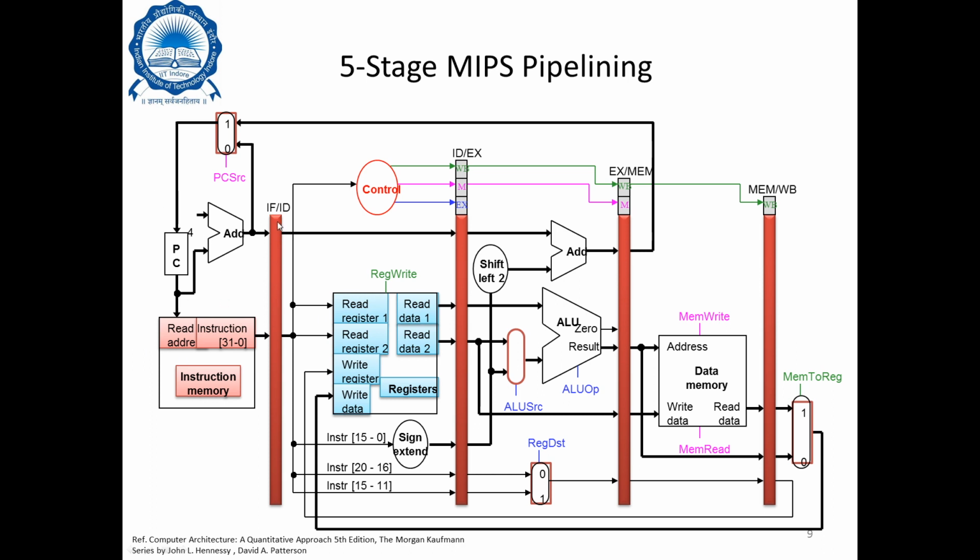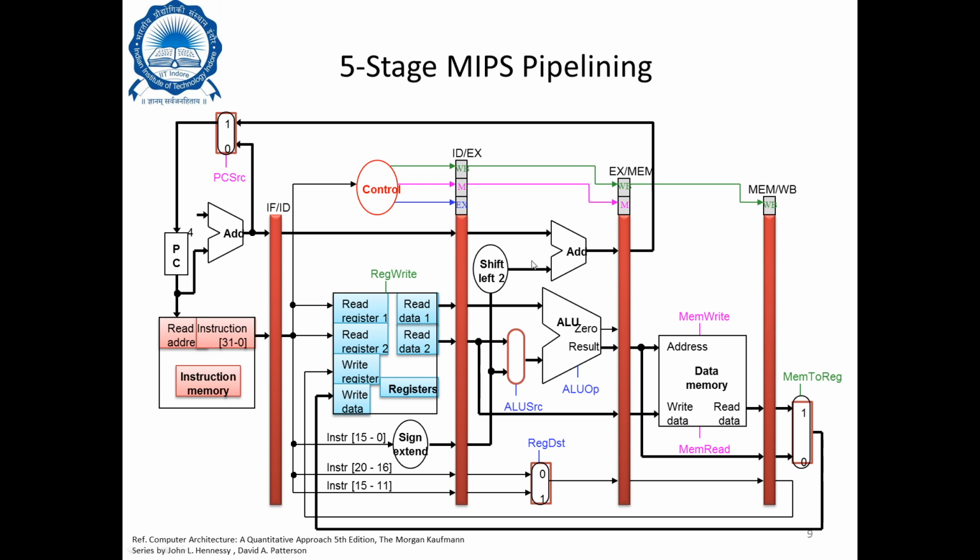Okay, we'll talk about these registers in detail in one of the next slides, when we speak about their size and what content they hold. But as of now, just remember that this register takes its input from the instruction memory and PC, and we call this the IF/ID pipeline register. The next pipeline register is between the register file and the ALU.